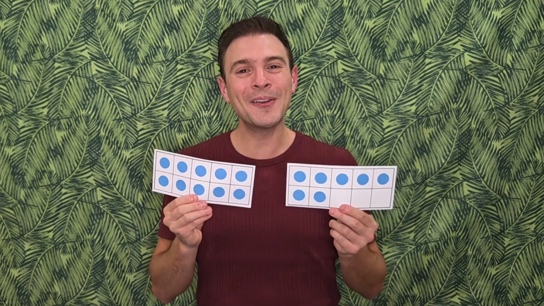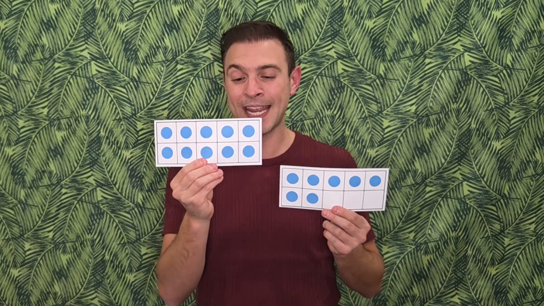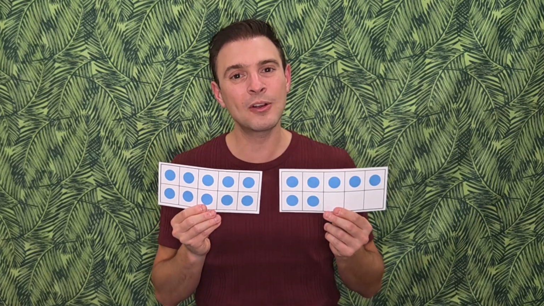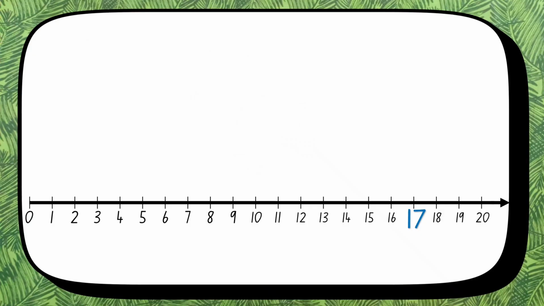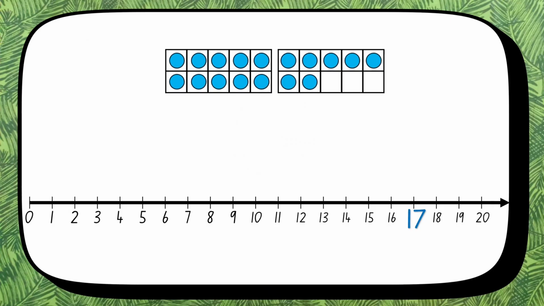Well, now that we know that 17 is made up of 10 and 7, let's have another look at the number line. Let's use a faster way to reach 17 without counting by ones. We know that 17 is 10 and 7 more. So let's start with one big jump to 10.